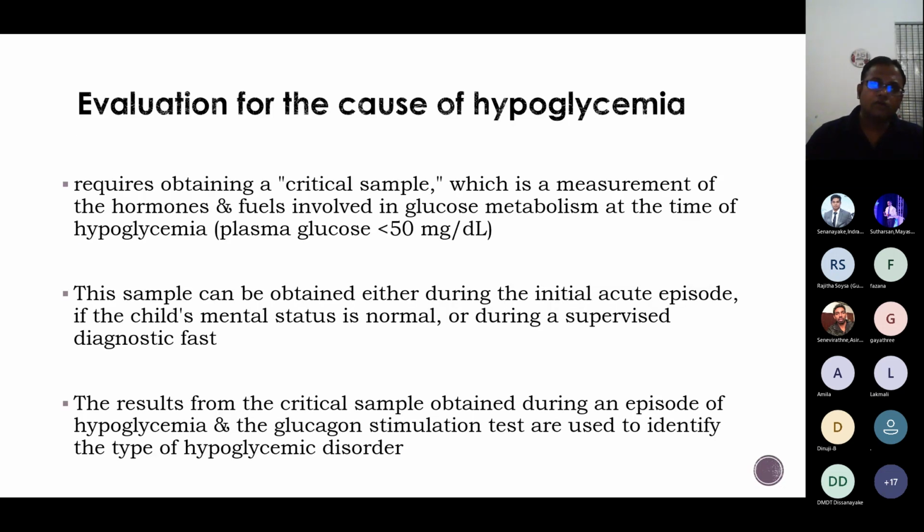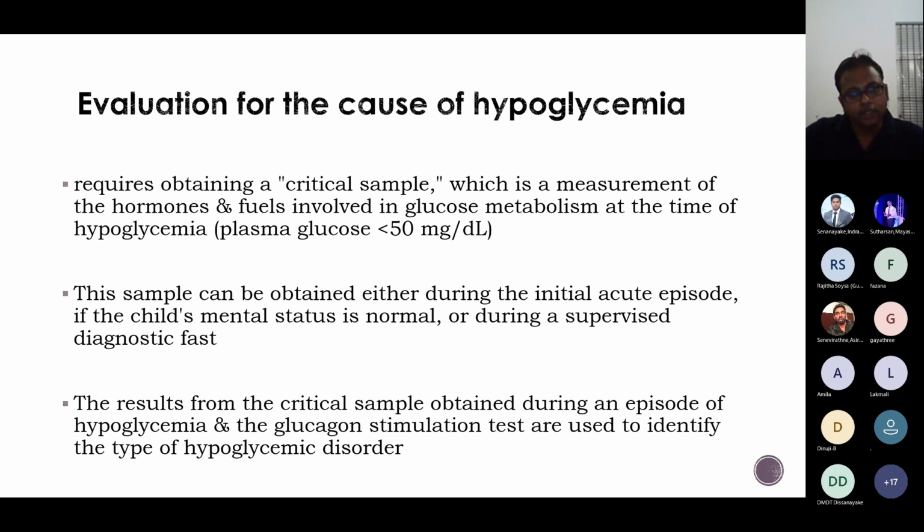So how do we evaluate these children when they present with hypoglycemia? It involves obtaining a critical sample. That is, at the time of hypoglycemia, we have to check the hormone levels and other fuels involved in glucose metabolism. So it's very important. You have to do this test when the sugar levels are low, right?